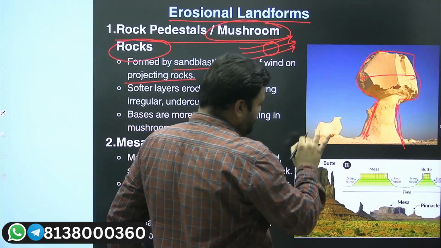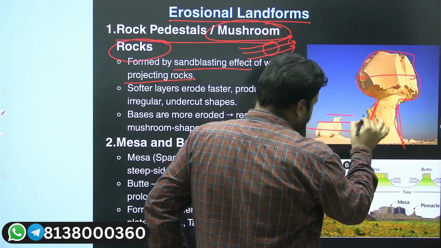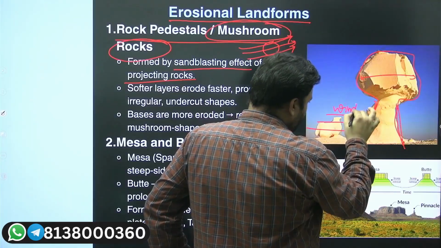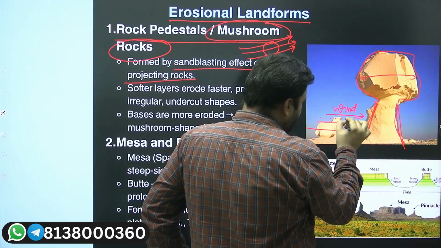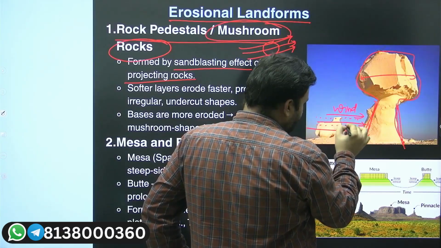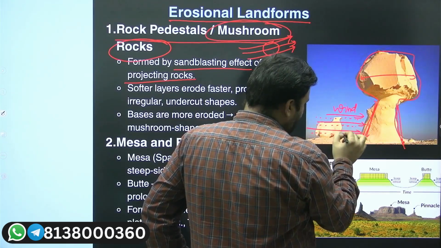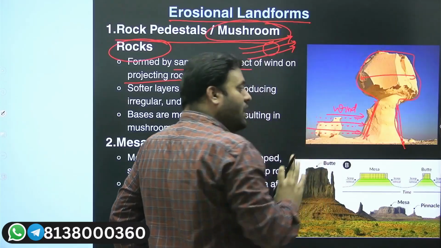It is actually formed because of the sand blasting effect of wind on the projected rock. See, guys, first of all, when the wind is here, in this wind there will be some fine sand particles. These fine sand particles will cause abrasion.